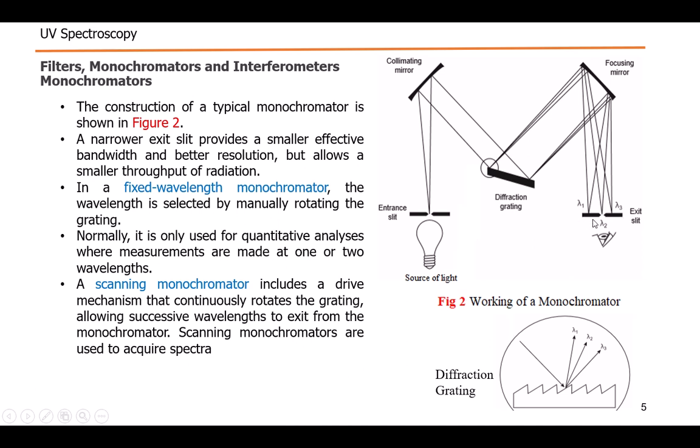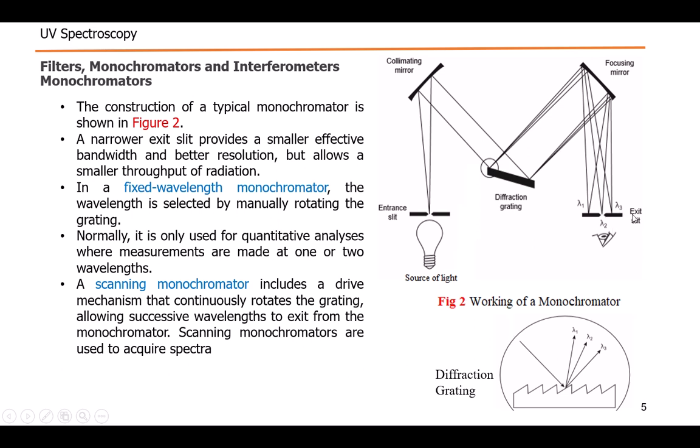For example, at the position shown in the diagram, it is giving lambda 2 radiation towards the sample. Whenever this slit is moved slightly towards the left, it gives lambda 1 radiation to the sample. Similarly, if it is moved slightly towards the right, it gives the lambda 3 wavelength.